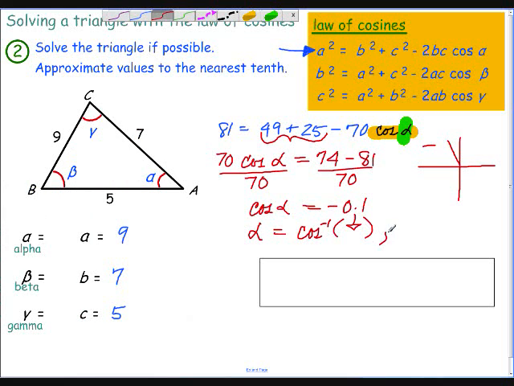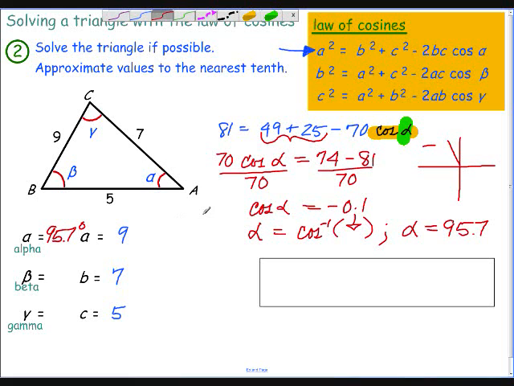So alpha is 95.7 degrees. So it was an obtuse angle, of course. That makes sense.